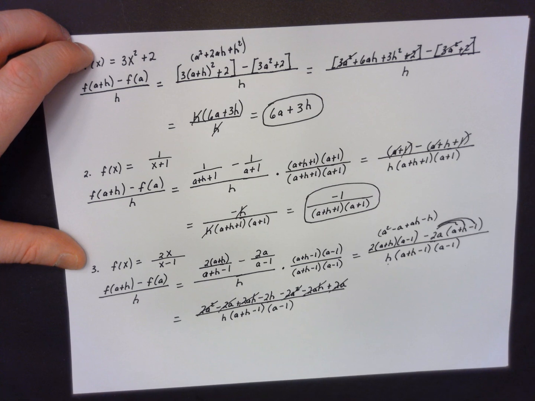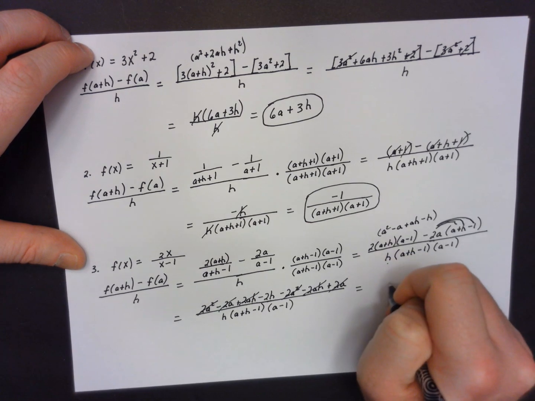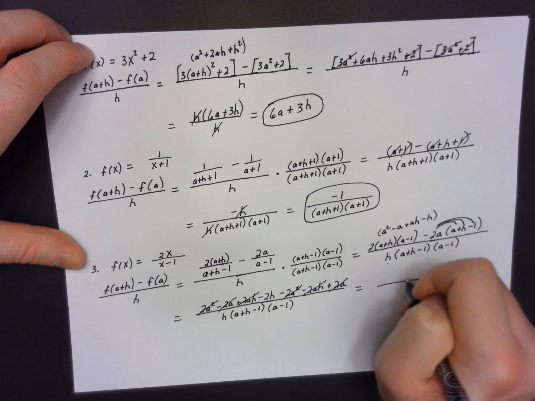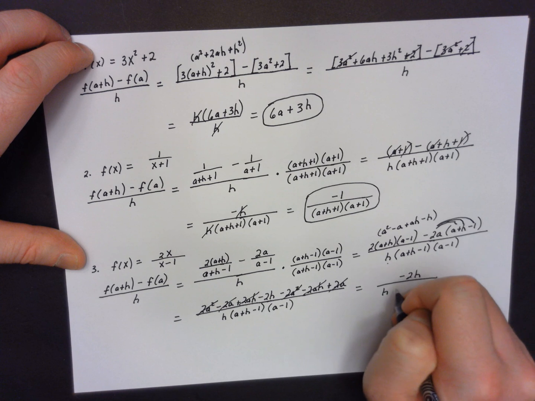So then you say, after you've canceled out the terms that are supposed to cancel, the only thing you're left with in the numerator is that measly little minus 2h. So this ends up being similar to the last problem. I'll say, well, my numerator's negative 2h. My denominator has the factors of h times a plus h minus 1 and a minus 1.